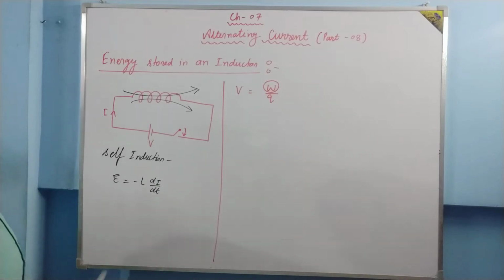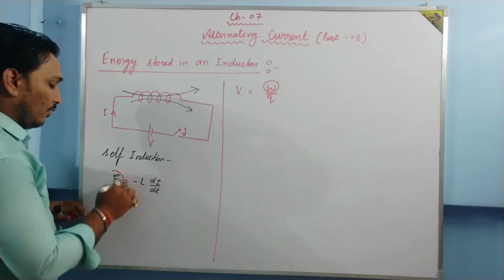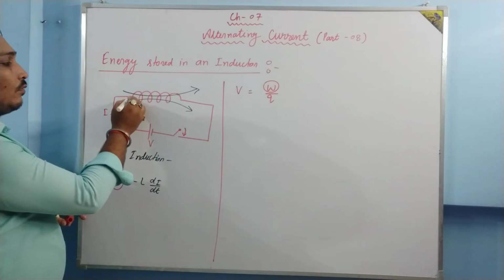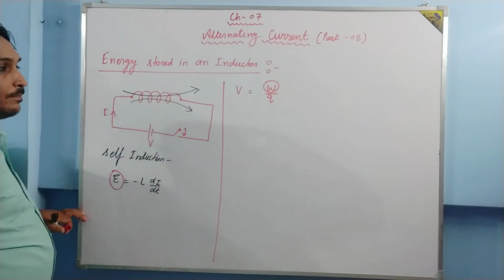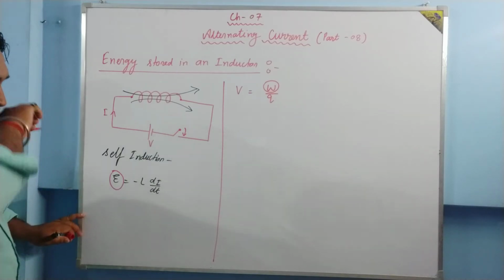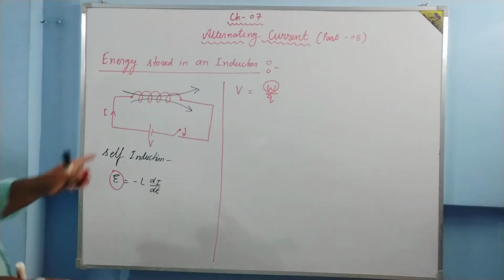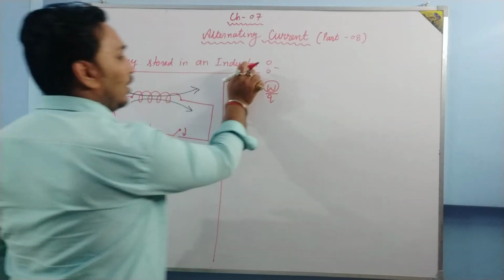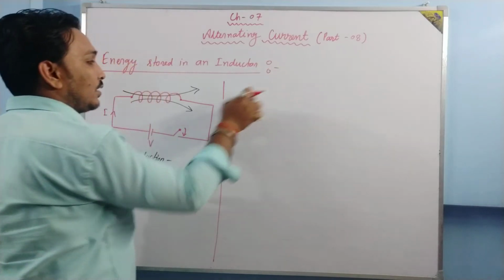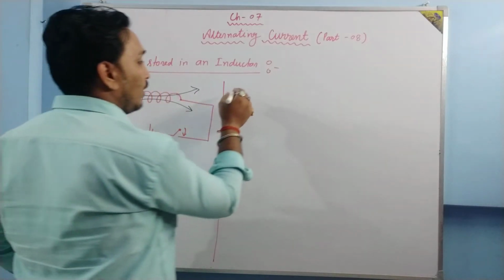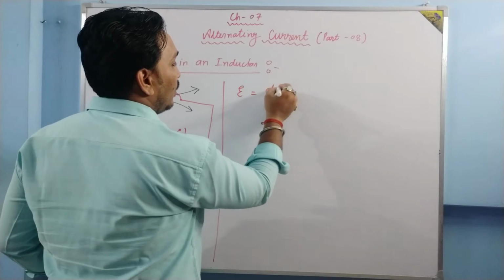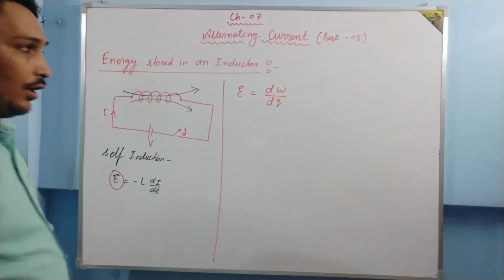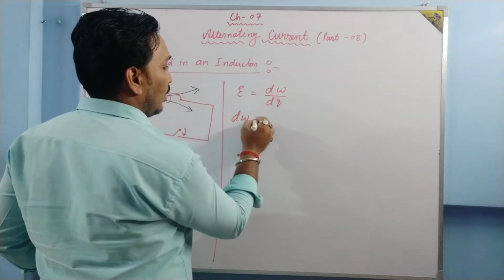Now what happens here? This EMF is simply a potential difference between these two points. So what is the work done to carry a charge from here to here? That is the voltage. Applying this concept, EMF is equal to dW upon dQ, so dW is equal to E into dQ.